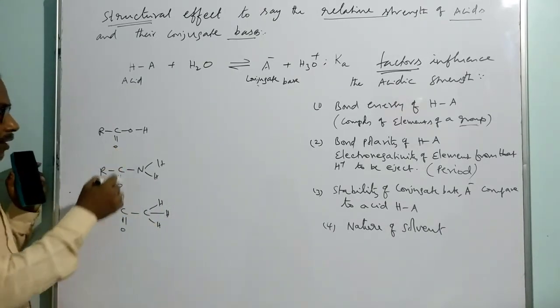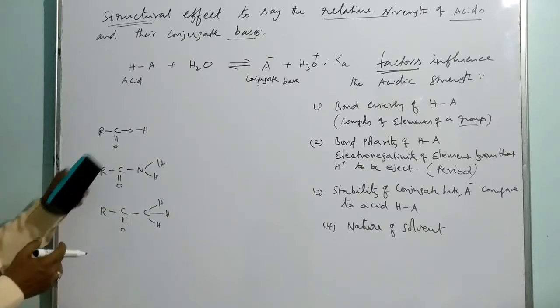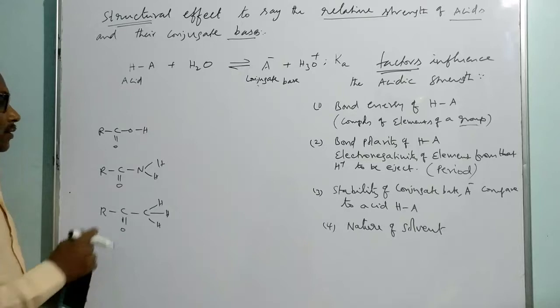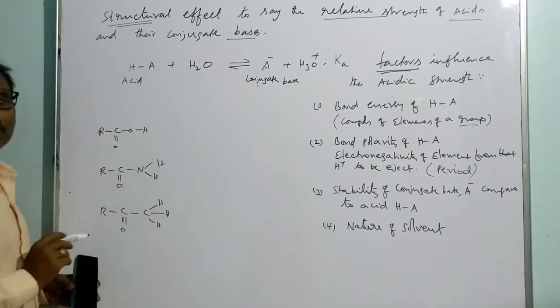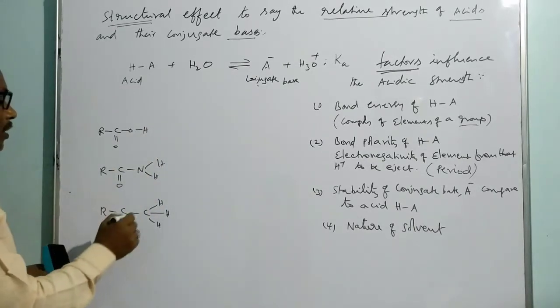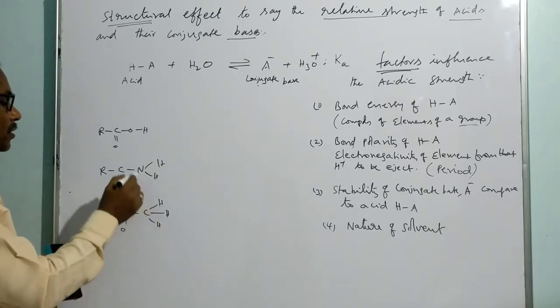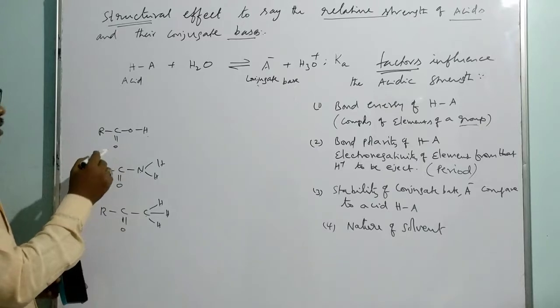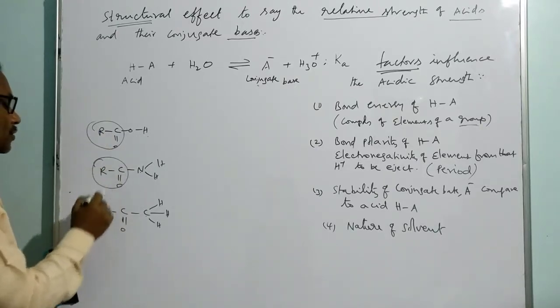Now we are taking three different compounds: carboxylic acid, amides and ketones. So here once again, based on the bond polarity, we can report. Here we have carbon to hydrogen, nitrogen to hydrogen, and oxygen to hydrogen, and the remaining part, don't bother, because the remaining part is common in all the situations.